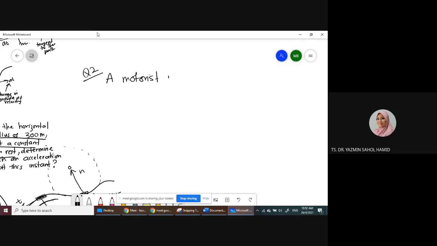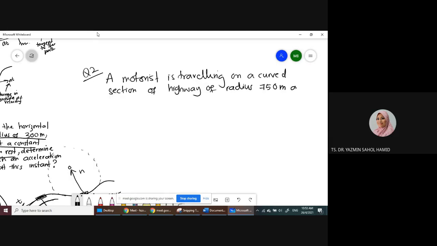A motorist is traveling on a curved section of highway of radius 750 meter at the speed of 90 kilometer per hour.